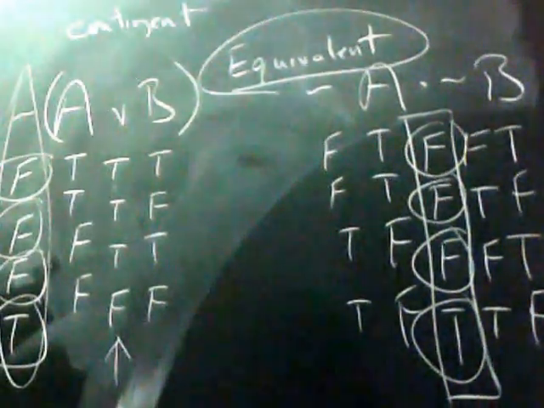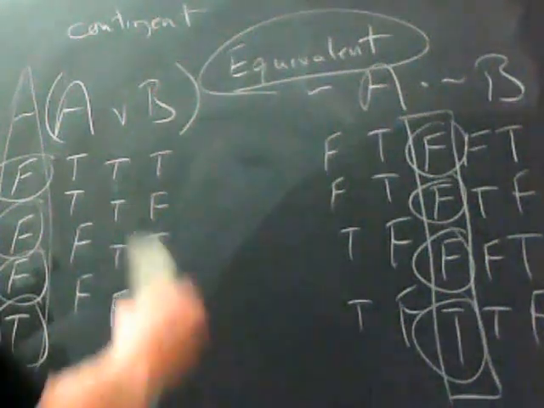Now let's erase that and put up a truth table for a larger statement. This will be a statement that has 3 letters in it. And I'm just going to go with something very simple like A implies C and D, because we're just trying to make sure we get the basics of building truth tables straight here. This has 3 letters. That means it's going to take 2 times 2 times 2 lines, which is 8.